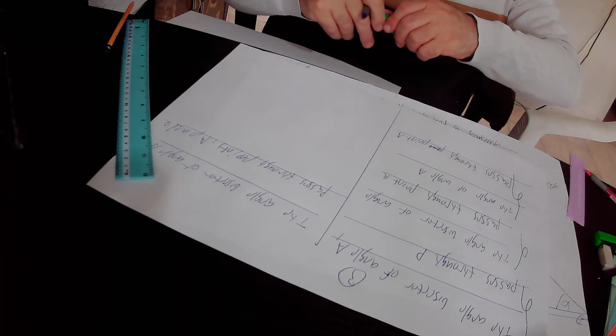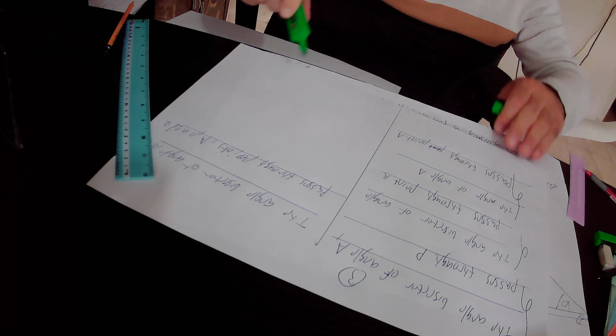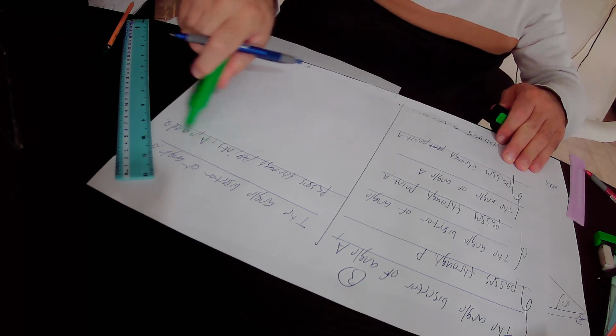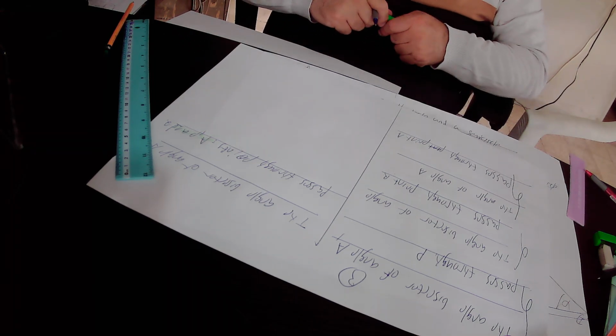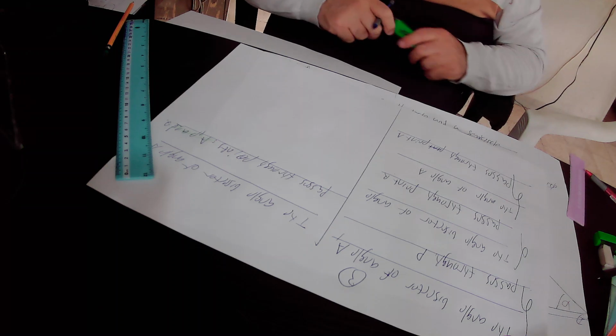But we also know that the angle bisector of any angle is a straight line. Again, the angle bisector of any angle is a straight line, of course.